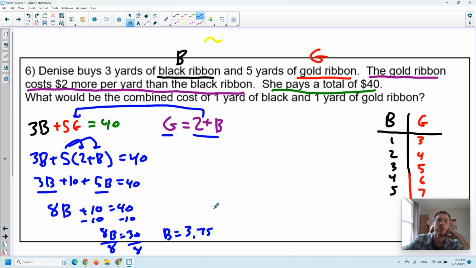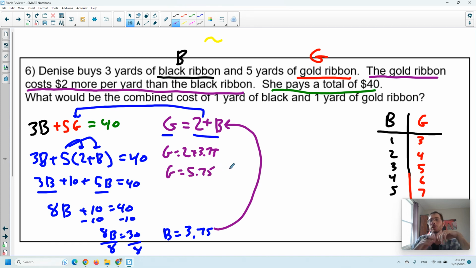So going back to our equation that we had over here, that means that gold is equal to 2 plus 3.75, or the gold would have to be $5.75. So there we go. Now again, I might get a little bit nervous because I see I got all the decimals there. So let's check it out.